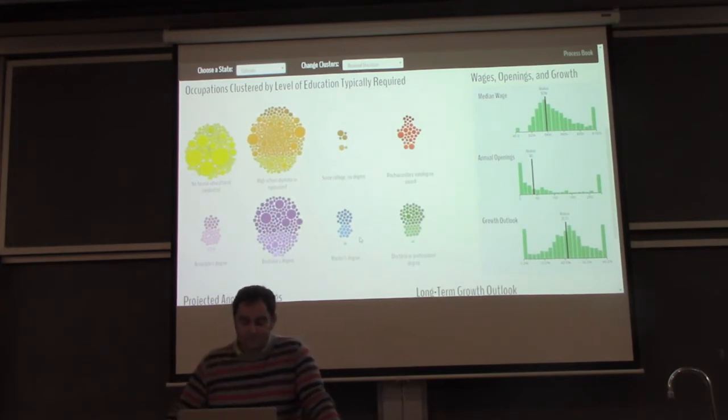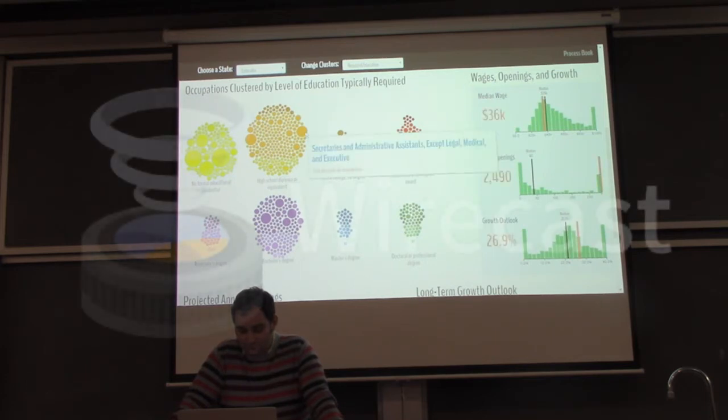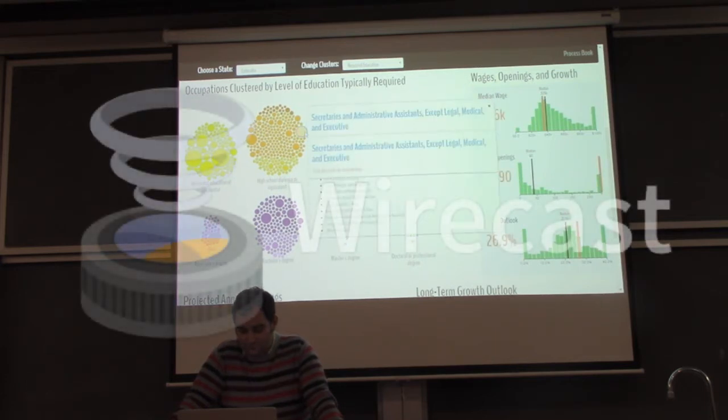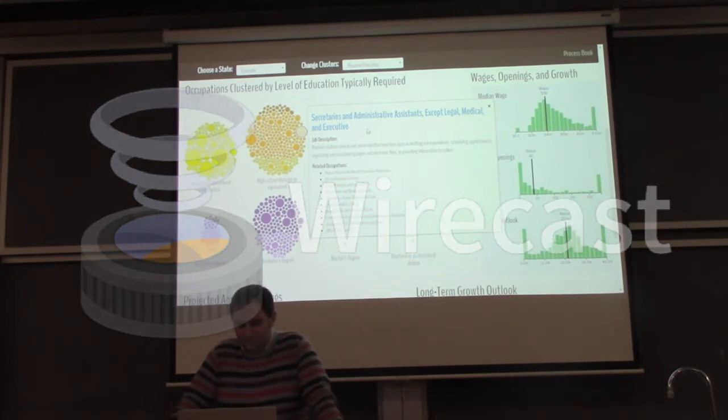With 840 Jobs, you can explore, compare, and learn about the many career opportunities that might interest you. Each circle in this cluster chart represents a different occupation. Hover over each one to see a job title. And then click to see additional information, a detailed job description, and related occupations.